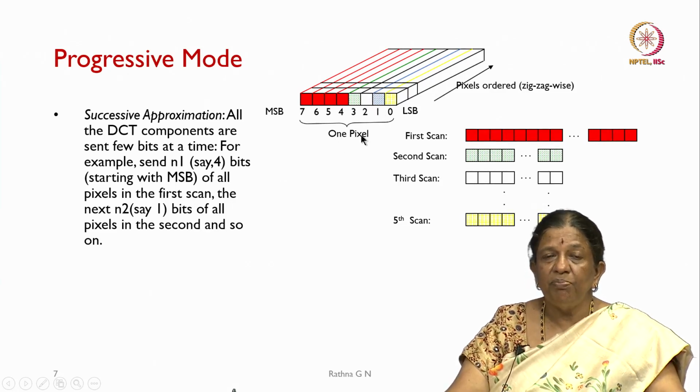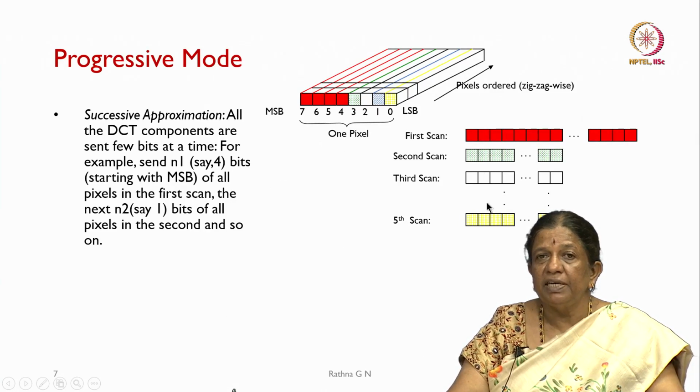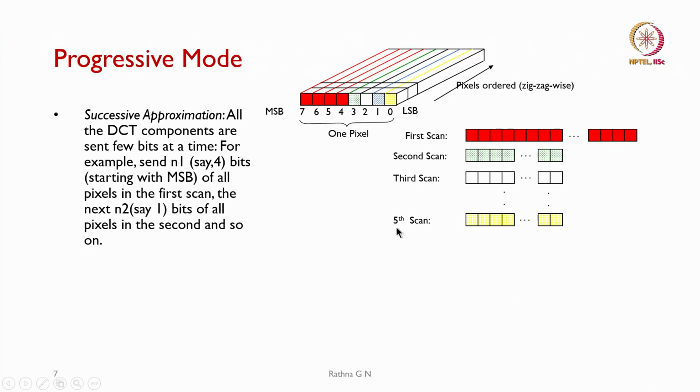That is 1 pixel for the rest of the thing you will be sending. The last one, in this case the 5th scan, is the yellow one you will be transmitting, and this is how you have ordered the pixels in zigzag fashion on this axis.